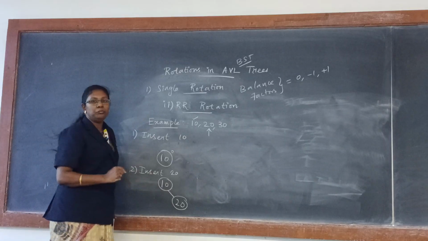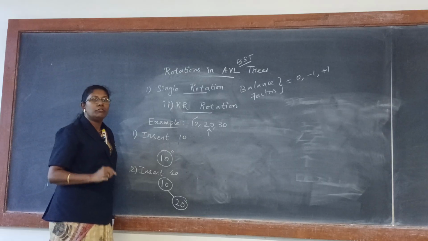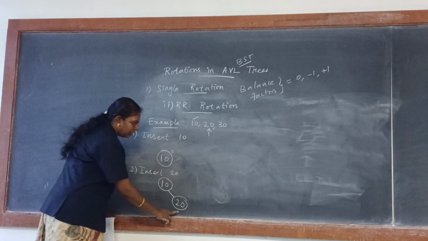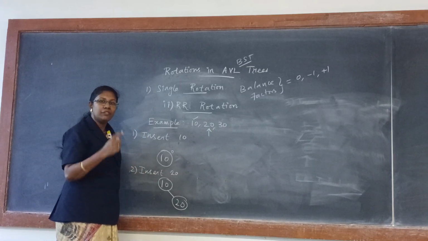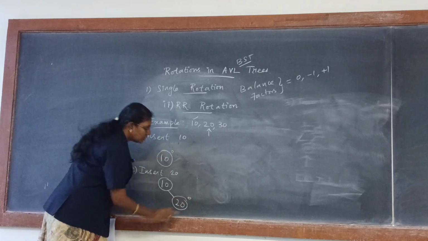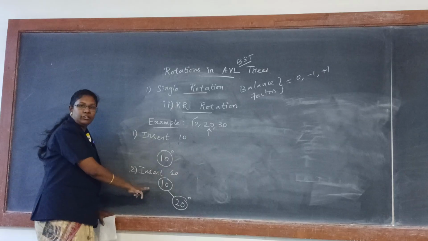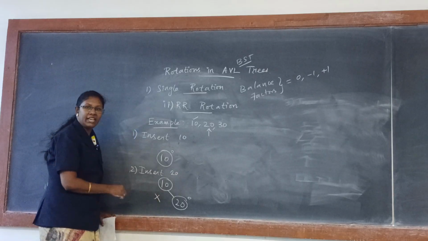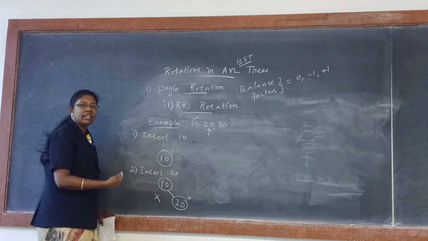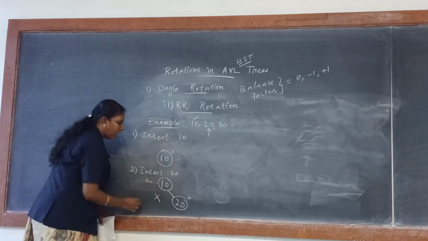Now I'm going to perform the calculation for finding the balance factor. Here 20 is again a leaf node, so the balance factor for this leaf node is 0. Then I need to move towards the parent node. In this parent node, there is no left tree at all, so the height of the left subtree is 0.